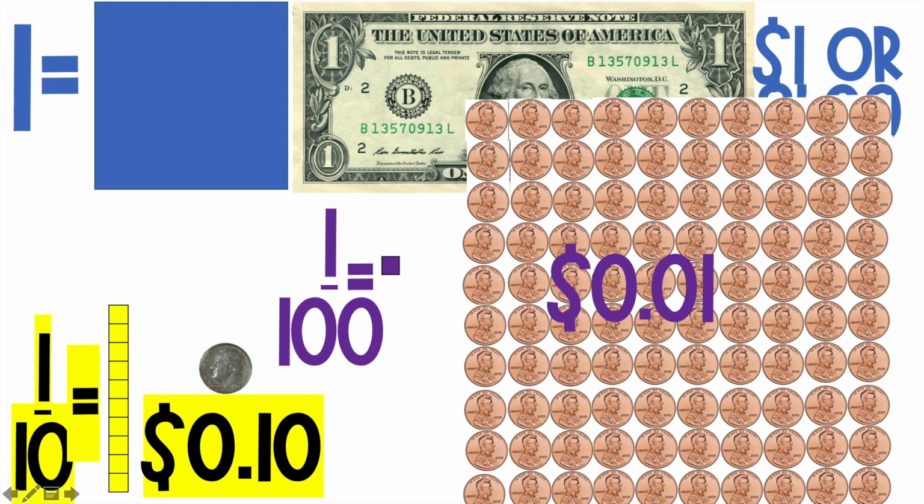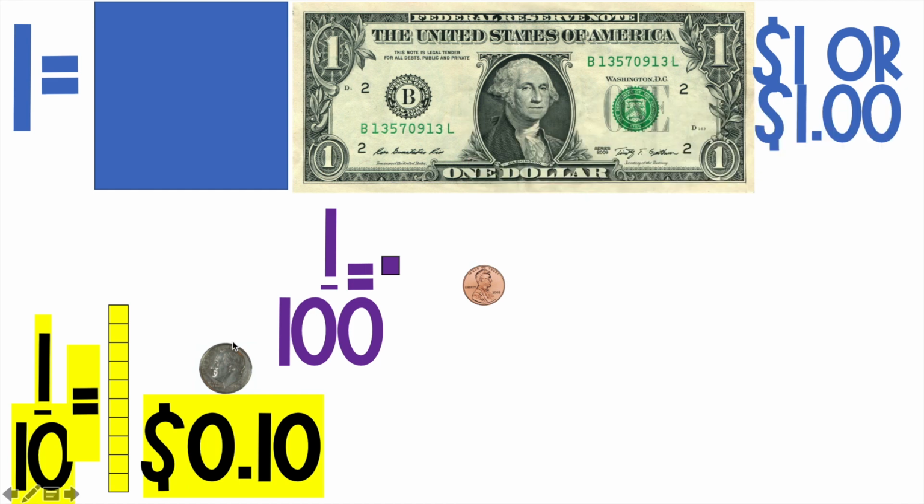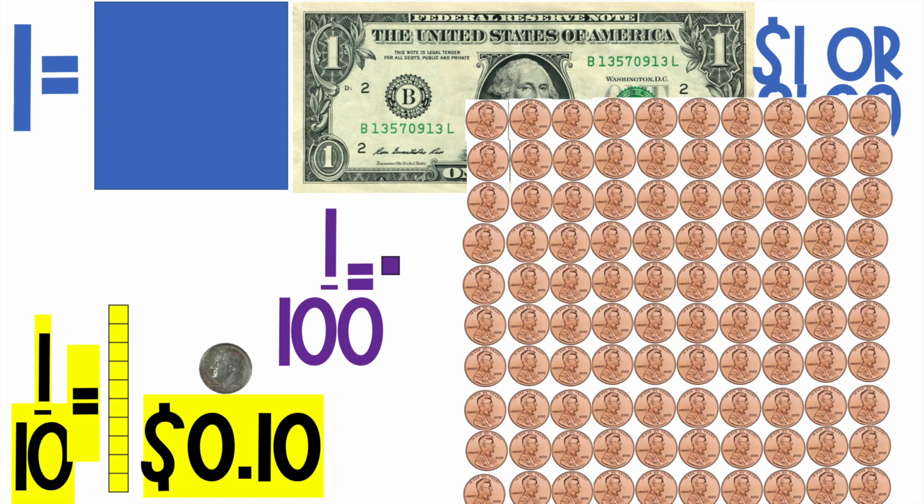So it takes 10 pennies to make 1 dime, and it takes 10 dimes to make $1. Just like it takes 10 hundredths to make 1 tenth, and it takes 10 tenths to make 1 whole. So there you have it. Hundredths are like pennies, tenths are like dimes, and dollar bills are whole numbers.